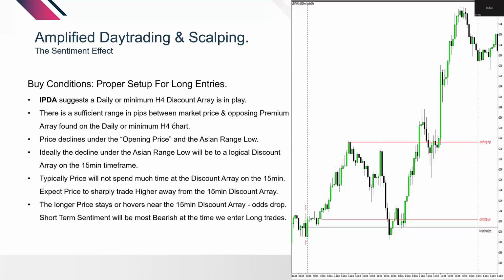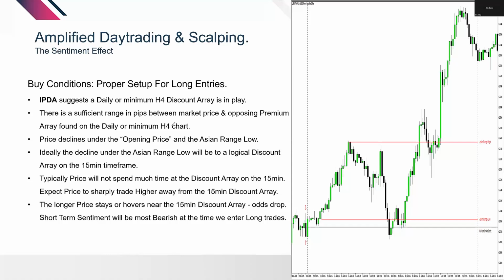Once you have that, then you should consider scalping. If you don't have a discount array on H4 or daily supporting price, then scalping might be difficult because market can instantly move against you and go to the downside.